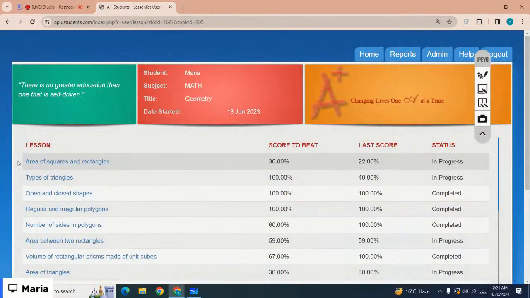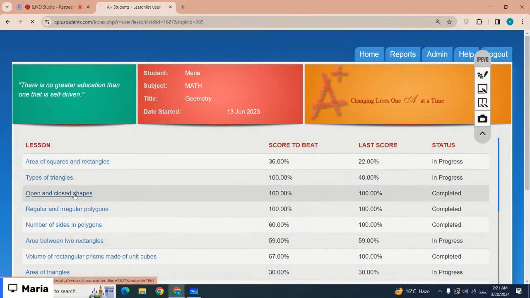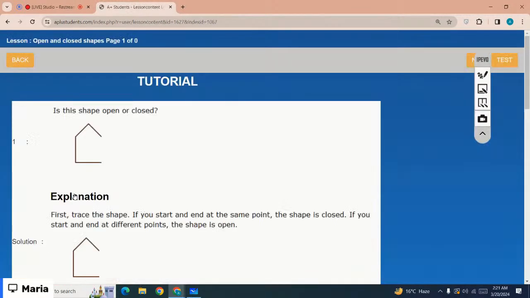The next one is open and closed shapes. Okay, is this shape open or closed?